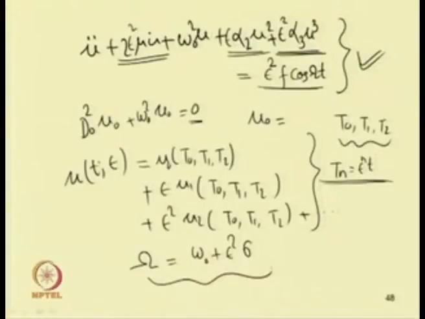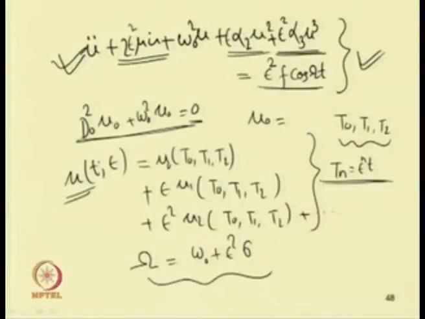Proceeding as we analyzed in the previous case, by substituting this equation in the original equation and separating the different orders of epsilon, we can get different equations. One such equation is written here.